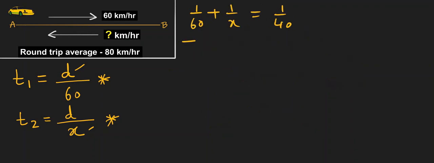We can also write this as (x plus 60) over 60x equals 1 over 40.